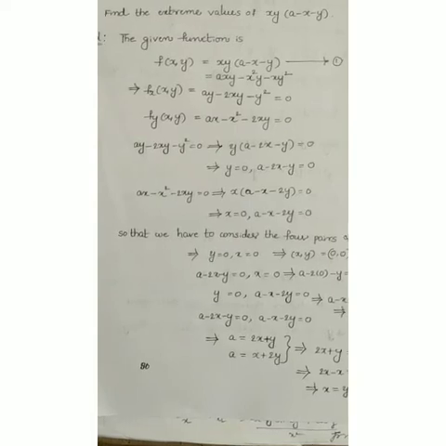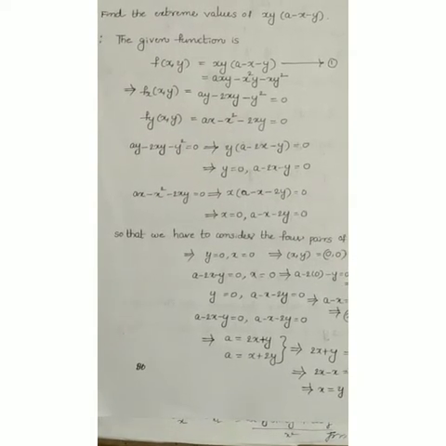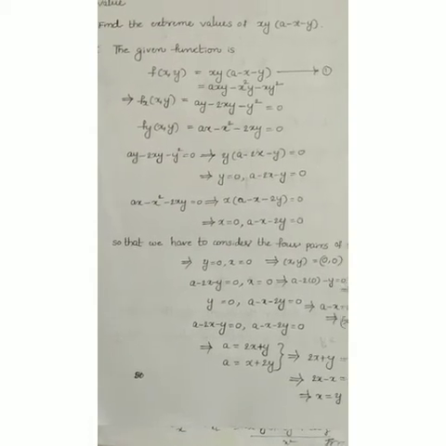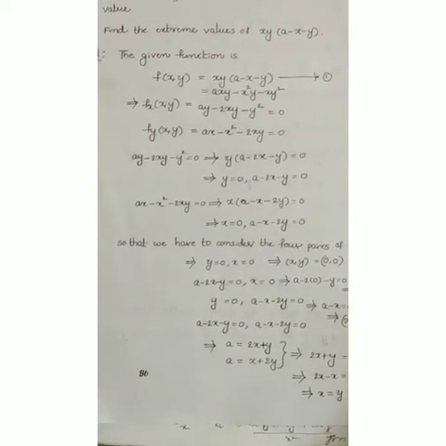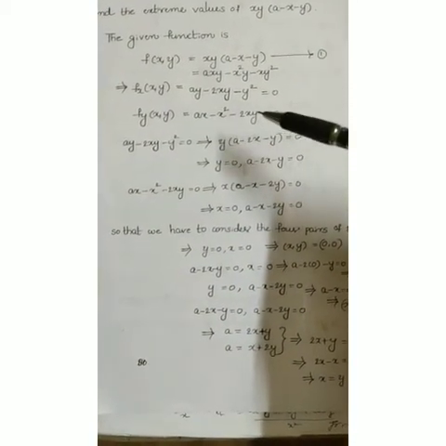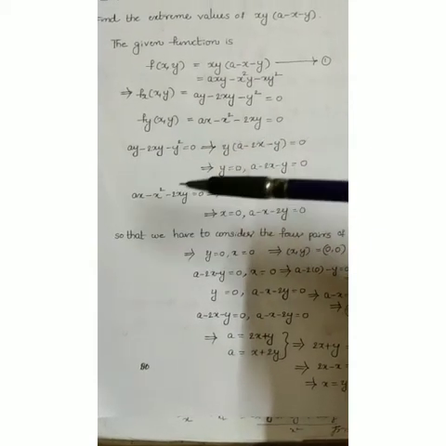Then fy. So here we are differentiating f with respect to y. That is a into x, differentiation of y is 1 minus x square into differentiation of y is 1 minus x into differentiation of y square is 2y. So that is ax minus x square minus 2xy.